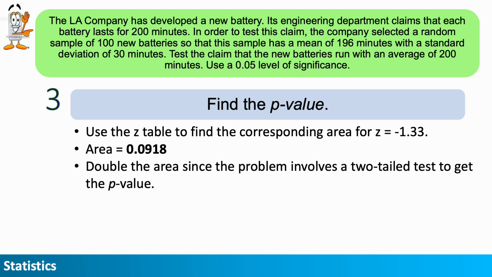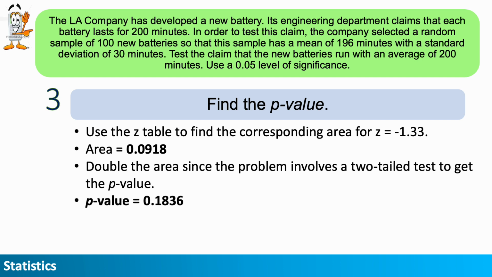We double it. The reason for that is in the left tail, the less than tail, we have 0.0918. In the right tail, we also have 0.0918. Two-tailed means we have the same area on two different sides of the normal curve. We simply multiply it by 2. If it's one-tailed, we don't do anything with it anymore.